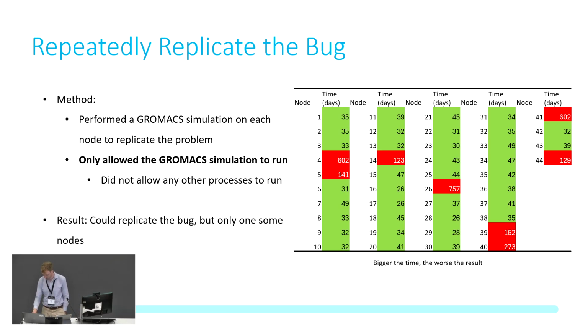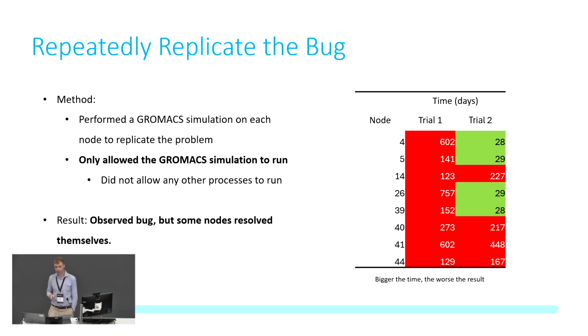At this point we think maybe it's a node problem, but we can replicate it, which is important. So next I said, okay, let's just look at the nodes that didn't work well and see if we can repeat it again, to see if it's a node issue. Unfortunately, this is where we get inconsistencies, where sometimes a node will present itself as not running well, and then it will just go, oh no, I'm fine. So sometimes the problem is not consistent.